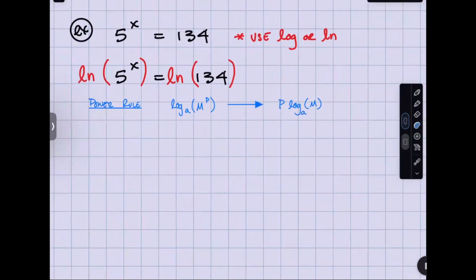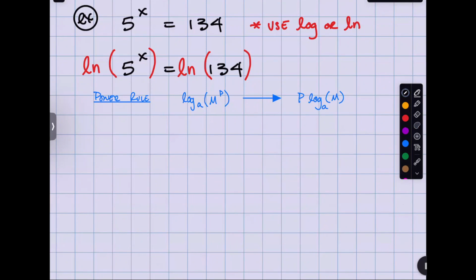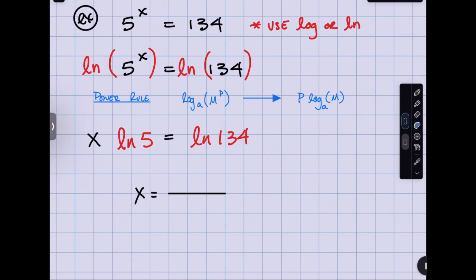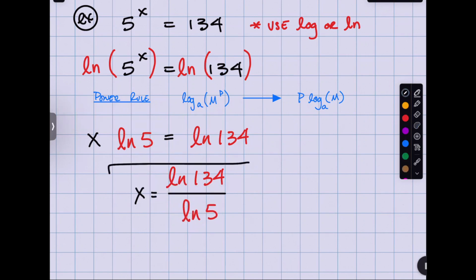Isn't that right? The power rule? Does that make sense?